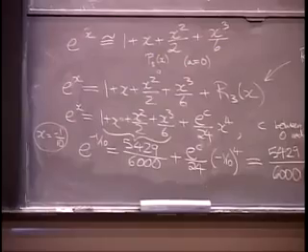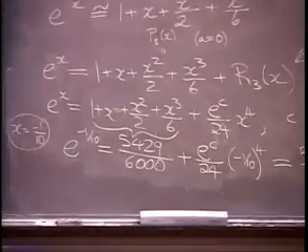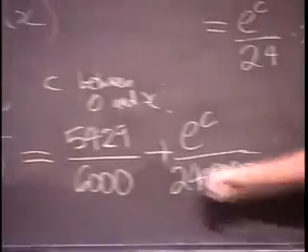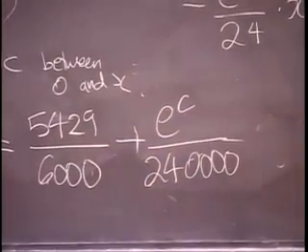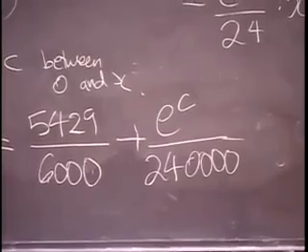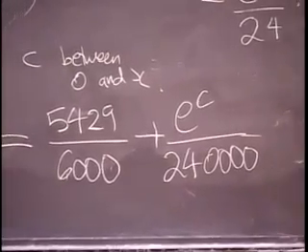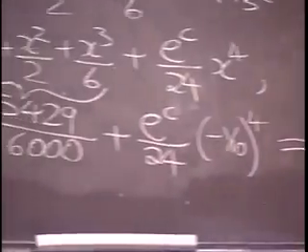So e to the minus a tenth, this mysterious quantity that I can't compute without a calculator, I can actually compute as 5429 over 6,000 plus e to the c over 240,000, where c is between 0 and x, but x is minus a tenth.